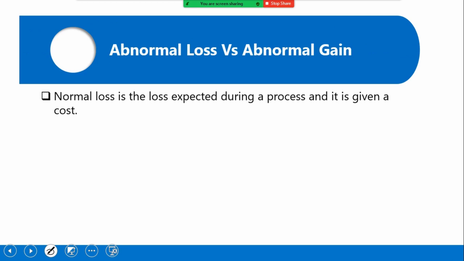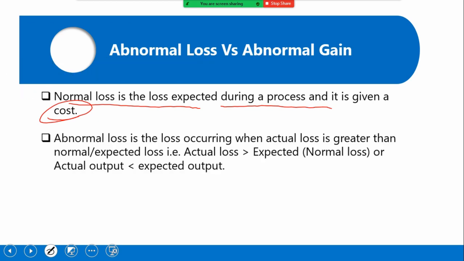First of all, the normal loss is the loss that we expect to incur during the production process. So that one we don't attach a value; its cost is 0. However, if the actual loss is greater than the expected loss, the normal one, then this becomes an abnormal loss.